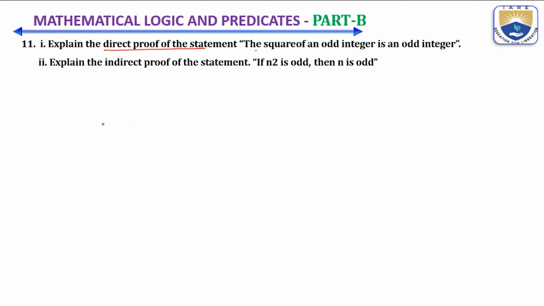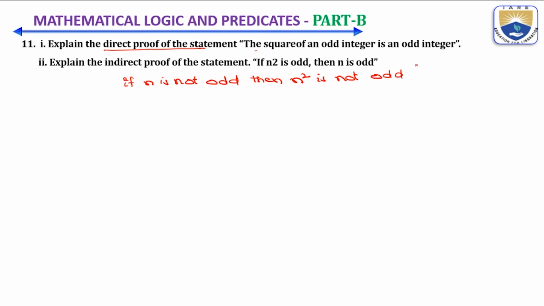So for this, if n is not odd, then n square is not odd.